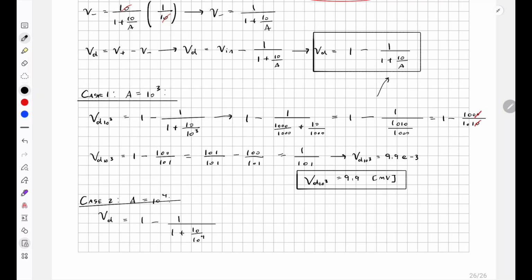I'm plugging into these equations. Yeah, it's the same process. So it's 1 minus 1 divided by, so it's 10,010 divided by 10,000.